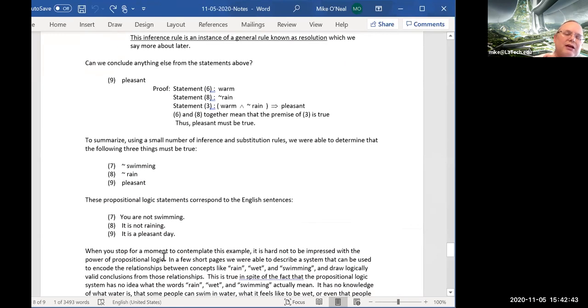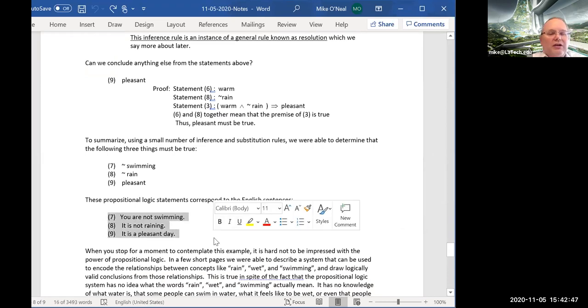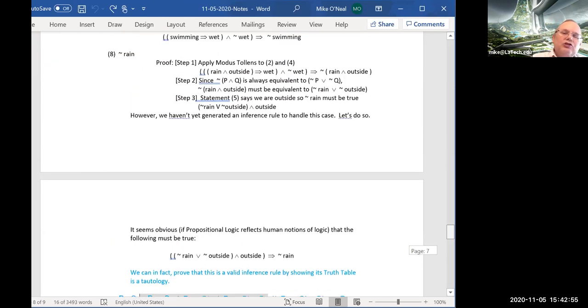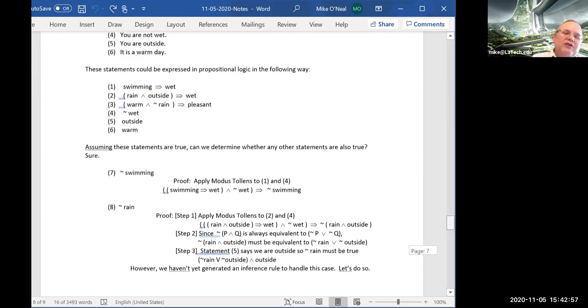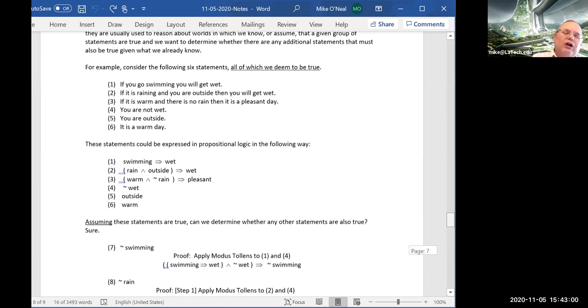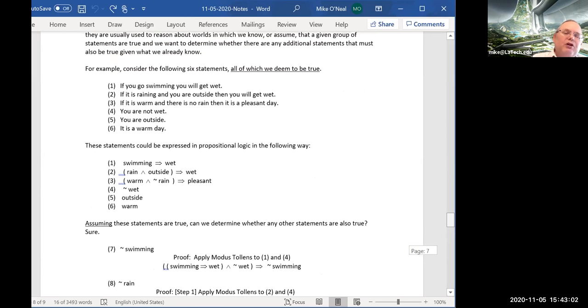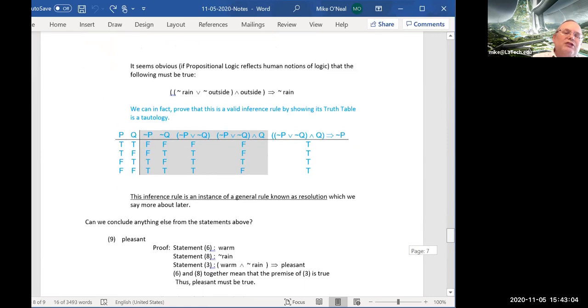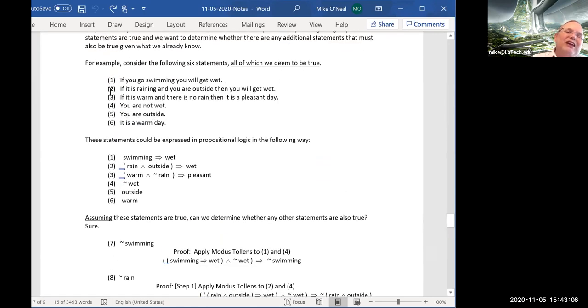If you translate them back into English, we can add this to what we know. You're not swimming, it's not raining, and it's a pleasant day. And we did that. We could do that automatically, just using these syntax rules that we've come up with, by a computer program that can reach these conclusions. You can feed it a story like this.